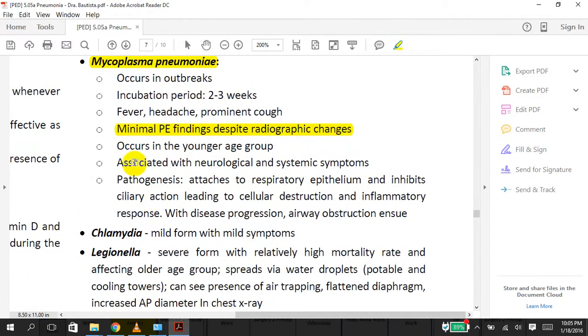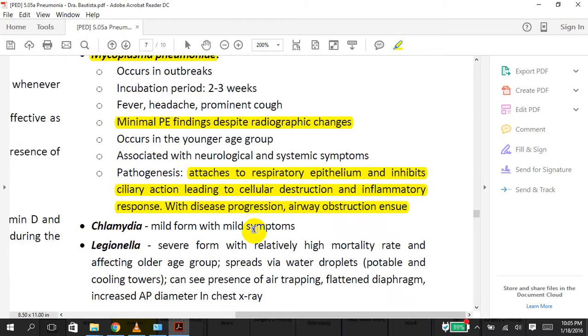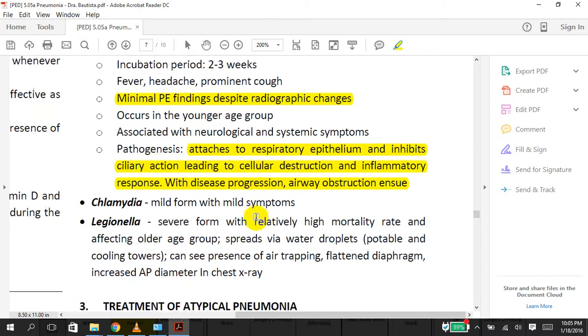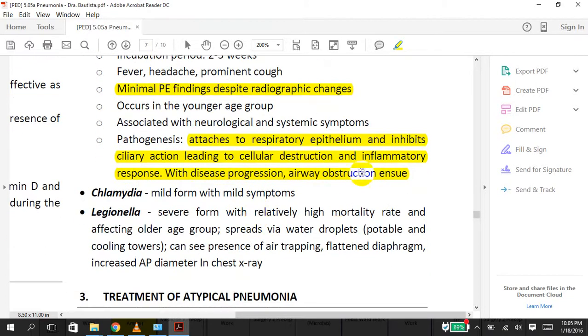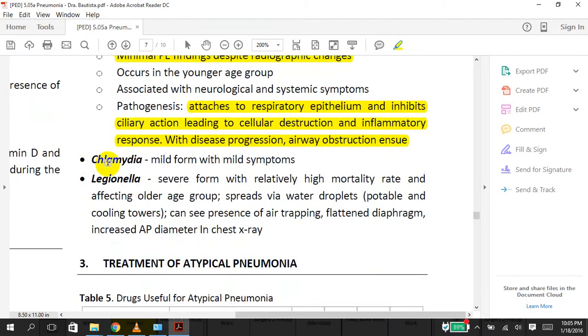And then how do they cause pneumonia? They attach to the respiratory epithelium, causing ciliary dysmotility. And then of course, the organisms cannot get out of the system, they will eventually cause cellular destruction and will trigger inflammatory response.